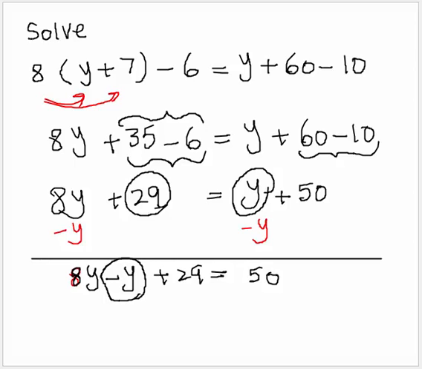Okay, I see we had the error here. 56. I see why everybody's confused here. When you distribute 8, that should be 56.